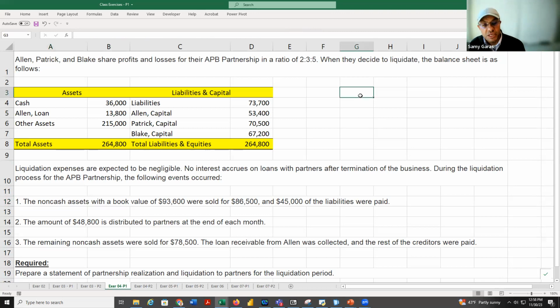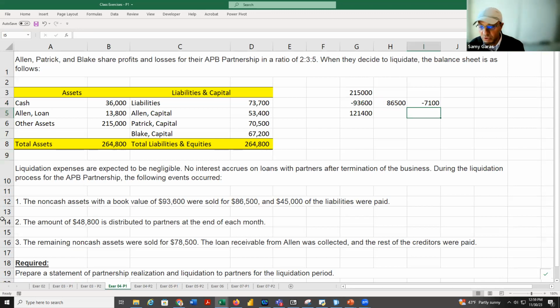So if I put here 215,000 and I sold 93,600, the remaining balance will be 121,400. How much did I sell the 93,600 for? I sold it for 86,500. So how much loss did I make? I made a loss of 7,100.